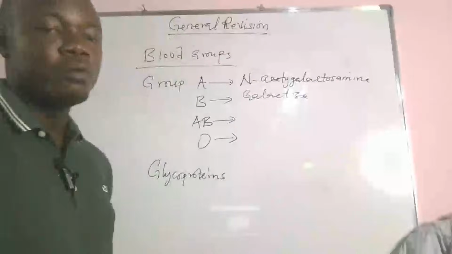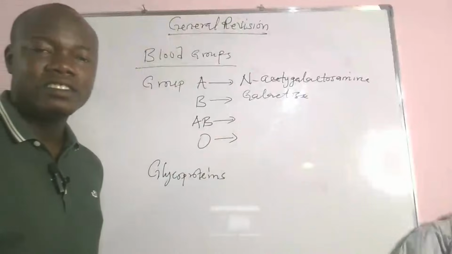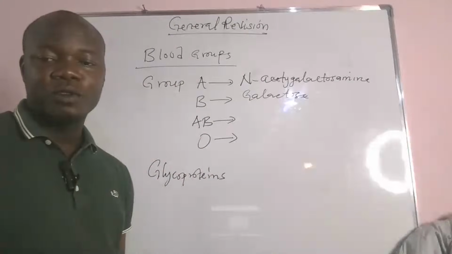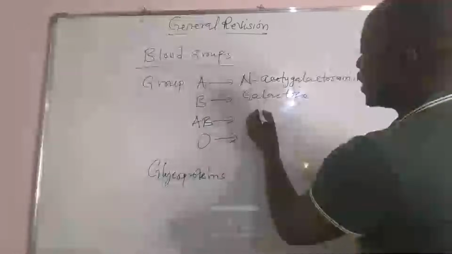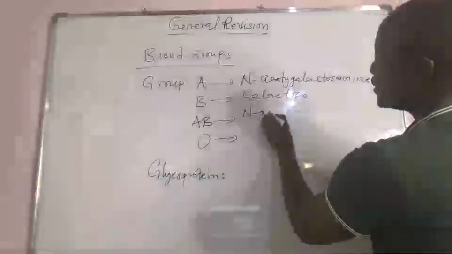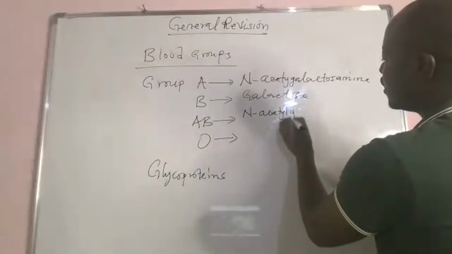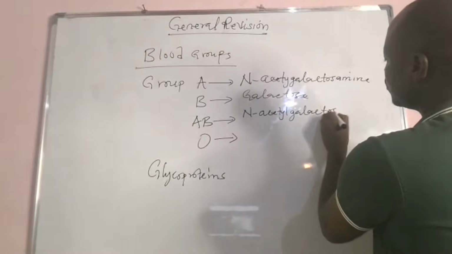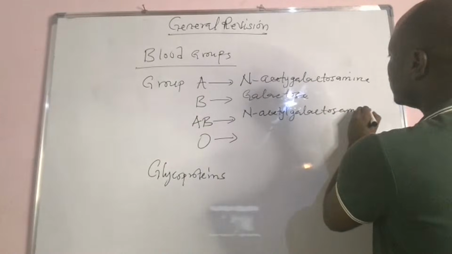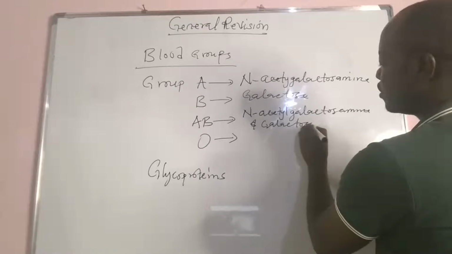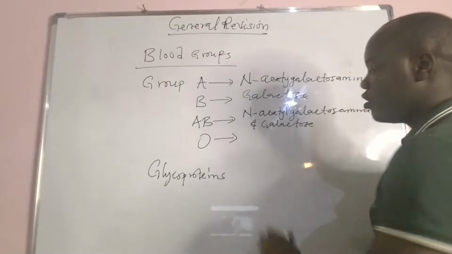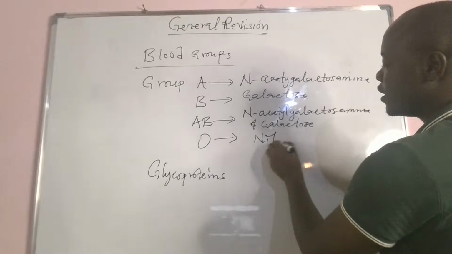For blood group AB, it has both N-acetyl galactosamine and galactose. And then, of course, blood group O has nil.